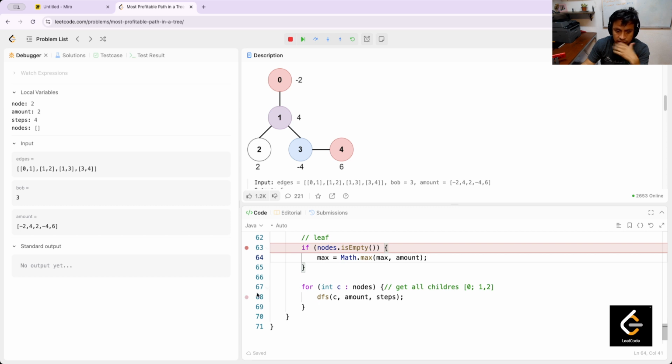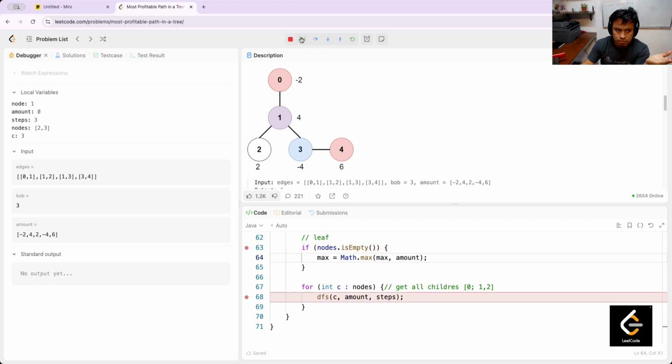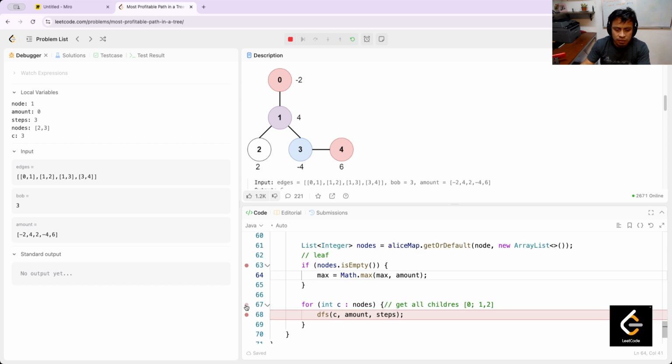This is not executed because it doesn't have anything. I'm in the node 1. C is 3. Ah, yeah, sure. I am here.